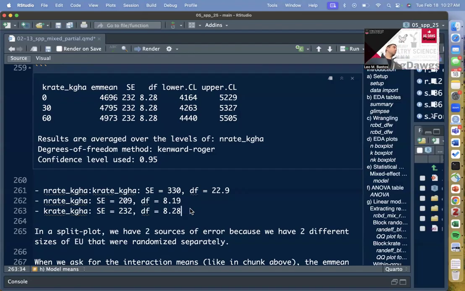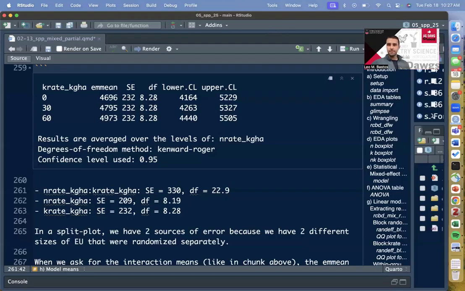When we're using REML or maximum likelihood, especially on these more complex designs where you have nesting of errors, and when you pull a mean or a comparison, the error that makes up that mean is coming from different parts of the design, it becomes very difficult to calculate exact degrees of freedom. It's easy to calculate exact degrees of freedom if you don't have a lot of error structure in your model. But as you start adding error structure, that becomes more complicated, and therefore we need an algorithm like REML. Because of that, the degrees of freedom now have a decimal point, because it is an approximation by REML of how many degrees of freedom are being used.